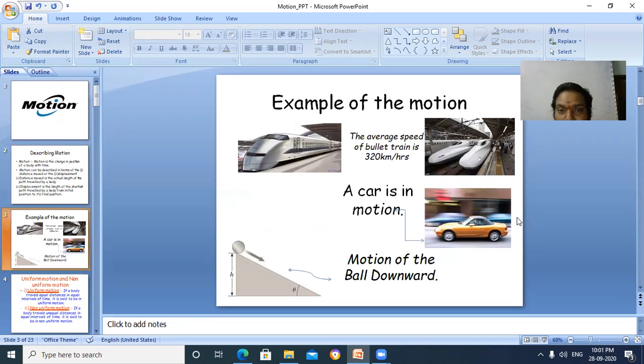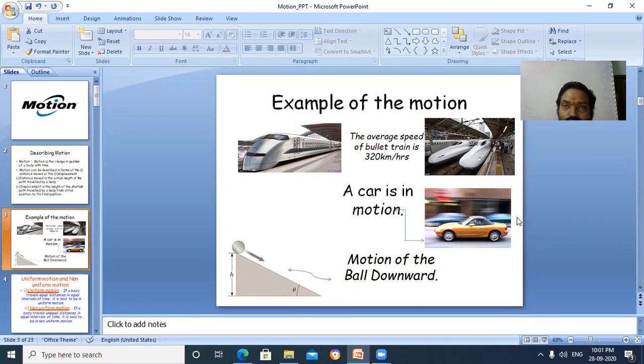Now some examples of motion: in nature, when it comes to motion, we find many examples, like wind blows, automobiles move from one place to another, water flows from one position to another.